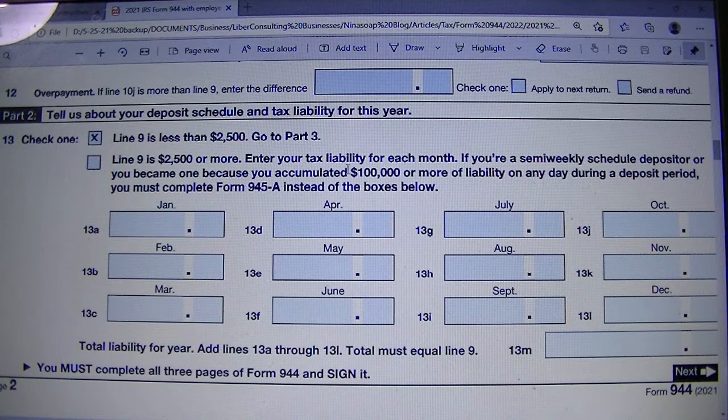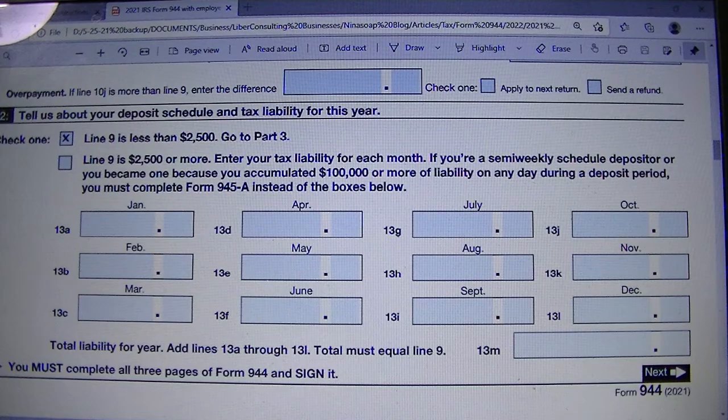So the total of those taxes for every single month, you will put it on line 13, A to L. So enter your total tax liability for each month. If you are a semi-weekly scheduled depositor, or you became one because you accumulated $100,000 or more of liability in any day during a tax deposit, you must complete Form 944-A instead of the box below.